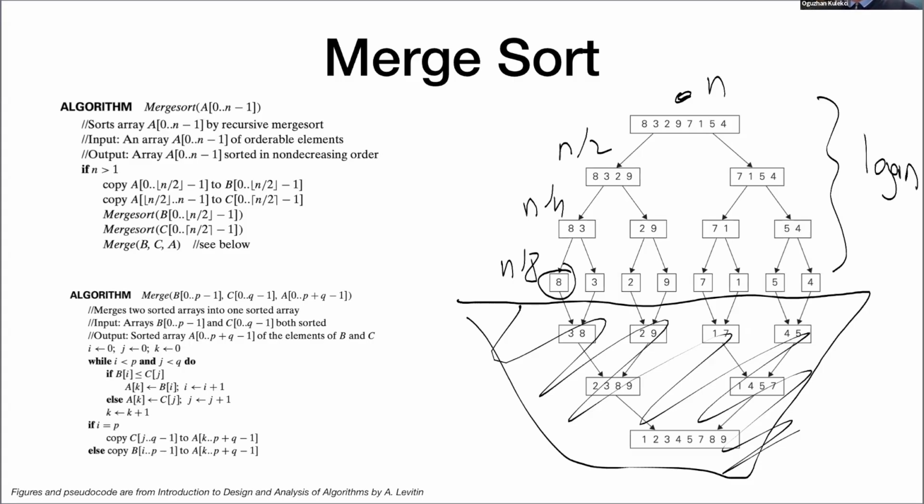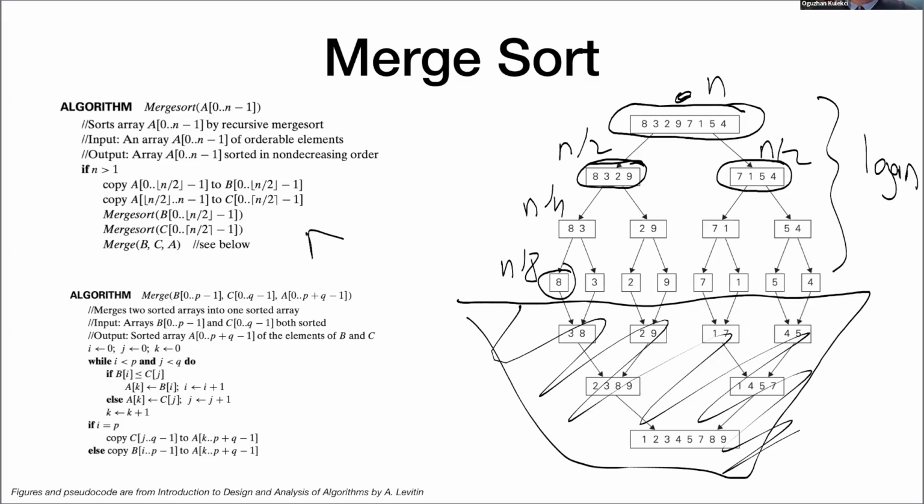And what is the amount of work that I deliver at each step? When I would like to come to the final answer, what I should do is merge a list of n over 2 elements with another list of n over 2 elements, which will cost me at most n comparisons, right?